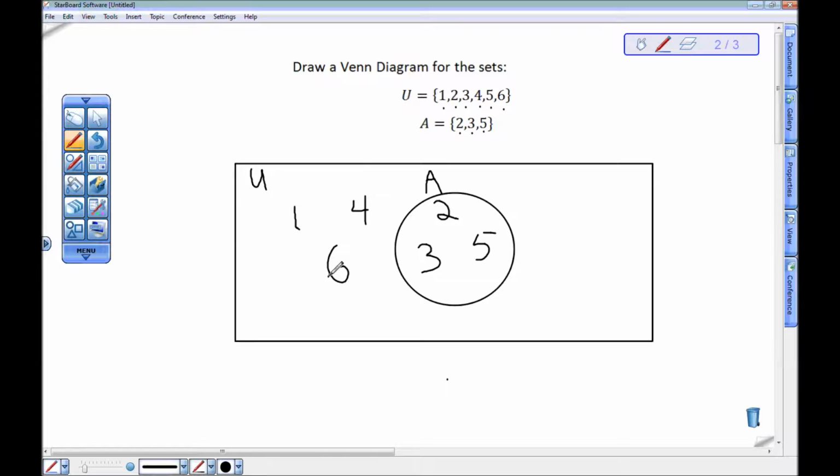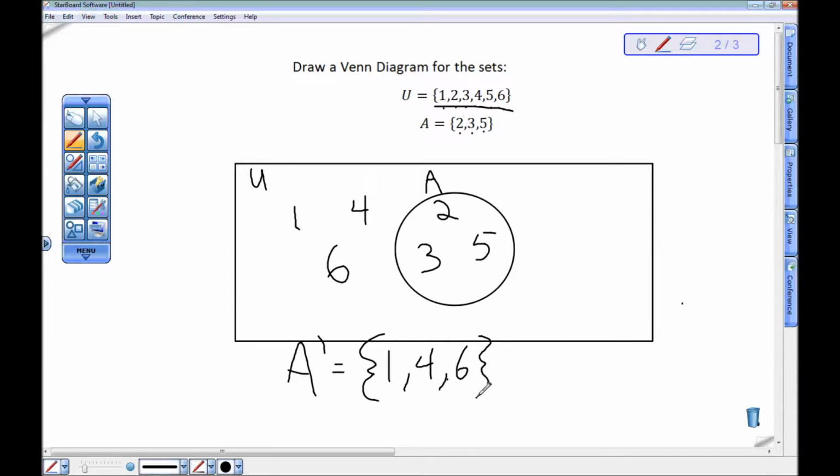So my universal set had 1, 2, 3, 4, 5, 6 in it, and I see there 1, 2, 3, 4, 5, 6. My set A had 2, 3, 5 in it. I see 2, 3, 5. And this gives me a good chance to say, what does this set A complement? Well, it's everything that's in the universal set that's not in A. I can look up here and say, well, 1, 4, and 6 belong in that set.